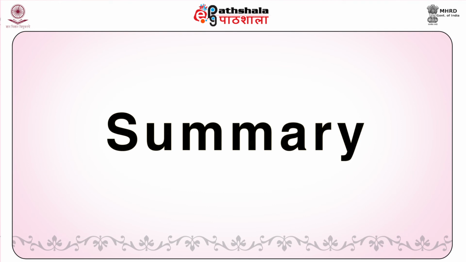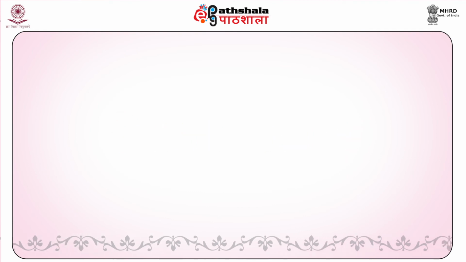Now, let us summarize what we have discussed. The first point is a conflict is basically an understood incompatibility of actions or goals between two or more people. No conflict is merely one-sided.